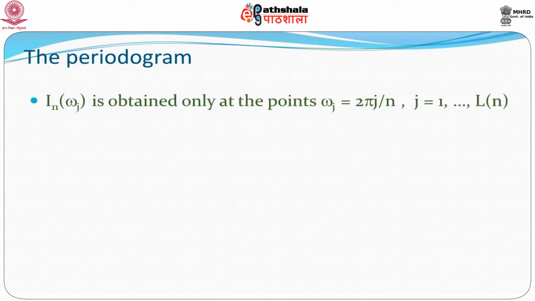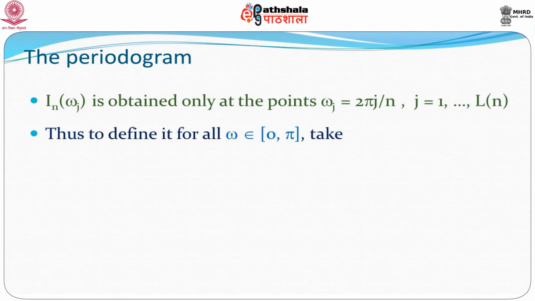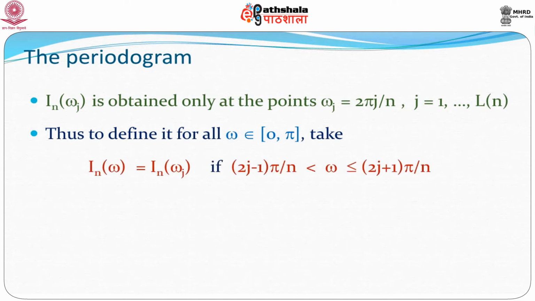Now, this I n omega j is obtained only at the points omega j equal to twice pi j by n. So, it is not smooth, it's just very discrete specific values. So, if you want to define it for all omega, there is a very crude way of doing it. What we do is we take I n omega to be equal to I n omega j if omega lies in the interval twice (j minus 1) into pi by n to twice (j plus 1) into pi by n. So, basically we have a terraced function.